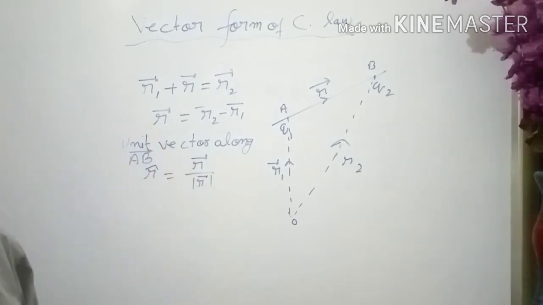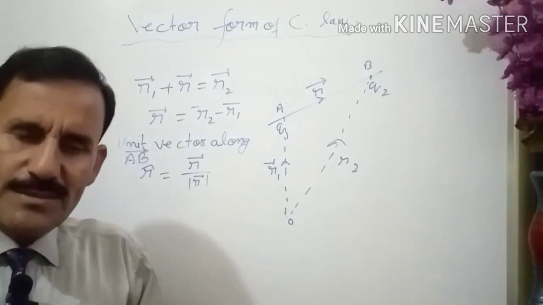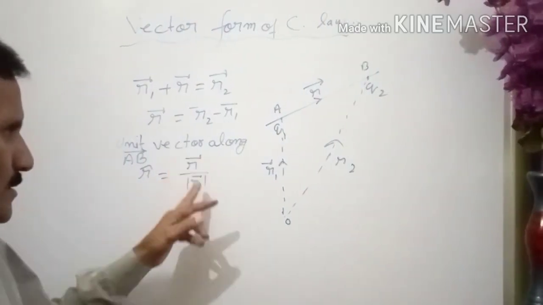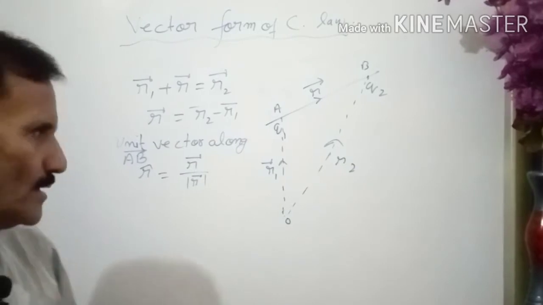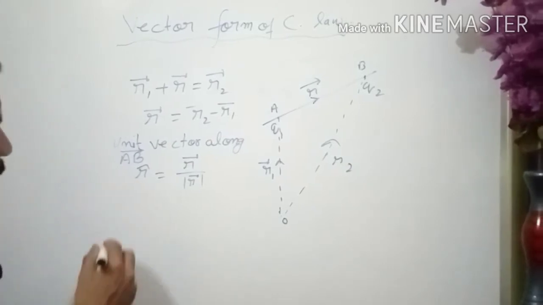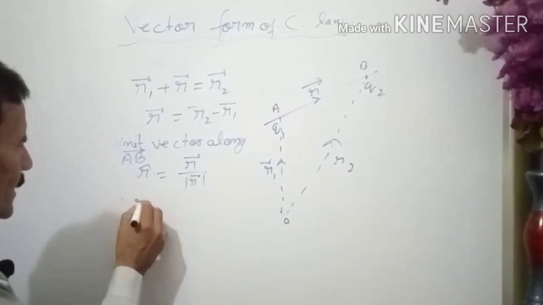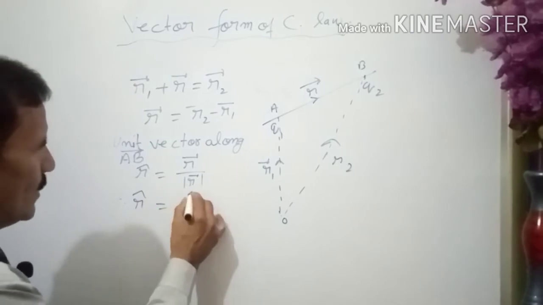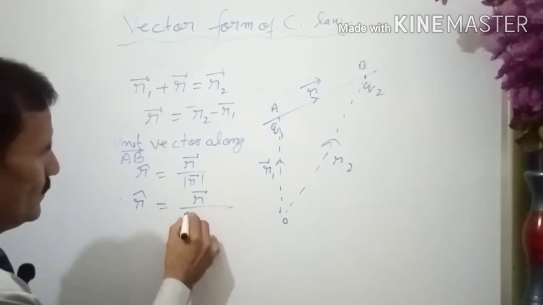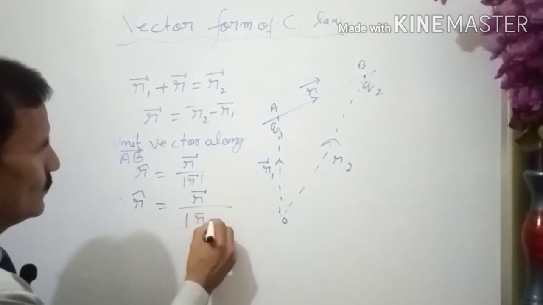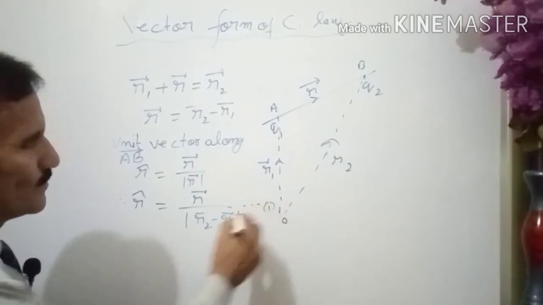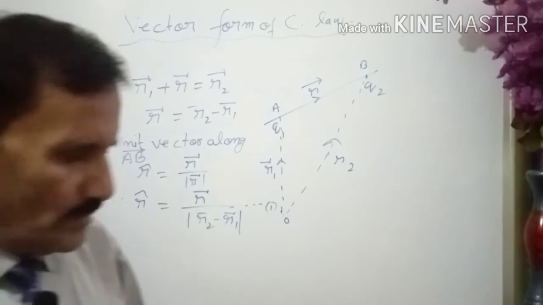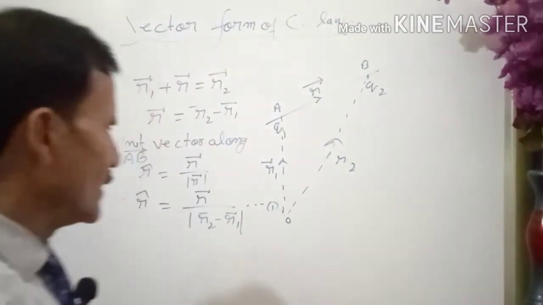When you divide by the magnitude, you get magnitude 1, but the direction remains. So R cap is equal to R upon modulus of R2 minus R1. Suppose this is equation number 1.